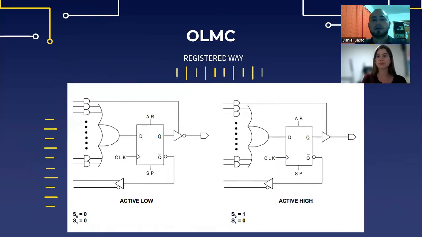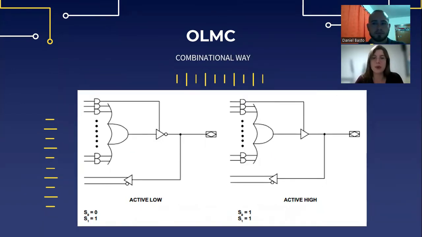The registered way basically works with type D flip-flops, and we can design state machines. The OLMC can also work in a combinational way. The combinational way works with flip-flops also, but this time they are turned off. This can work more like a PAL, but this time they are reprogrammable. Now we'll see how.